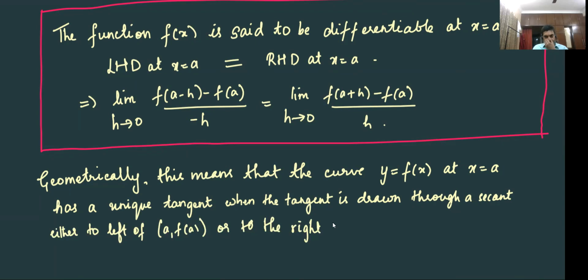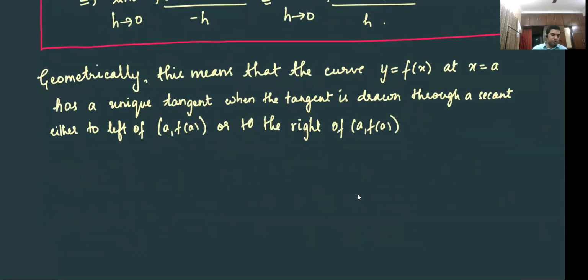So you get a unique tangent whether you take the secant from both sides.